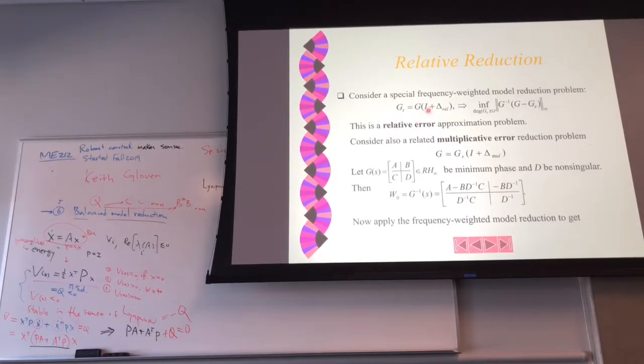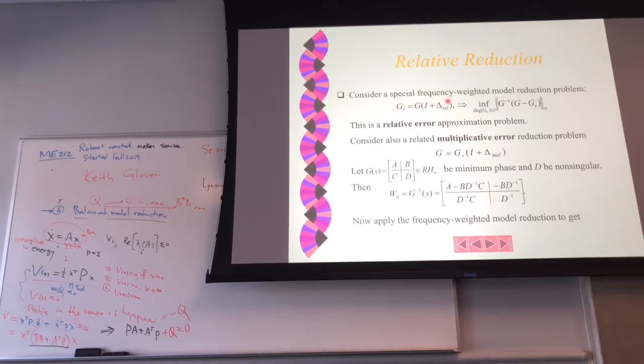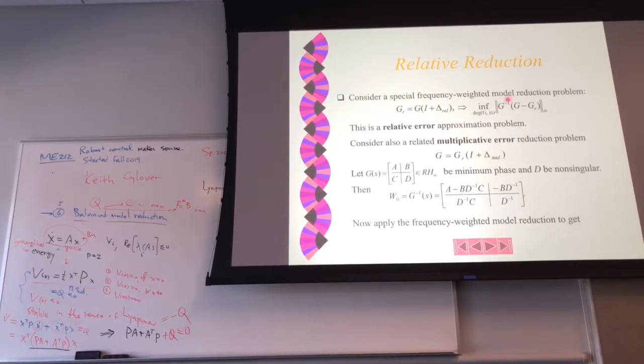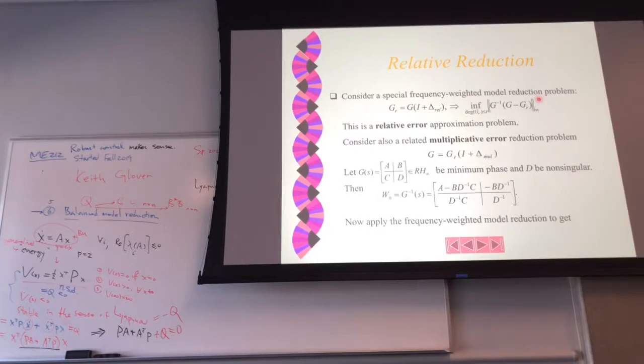Well, what if your uncertainty is relative, multiplicative like this? It can also be transformed into a G inverse form like that, but there are some different arguments here. We are going to start to talk about this next time. So with that, we can finish today.